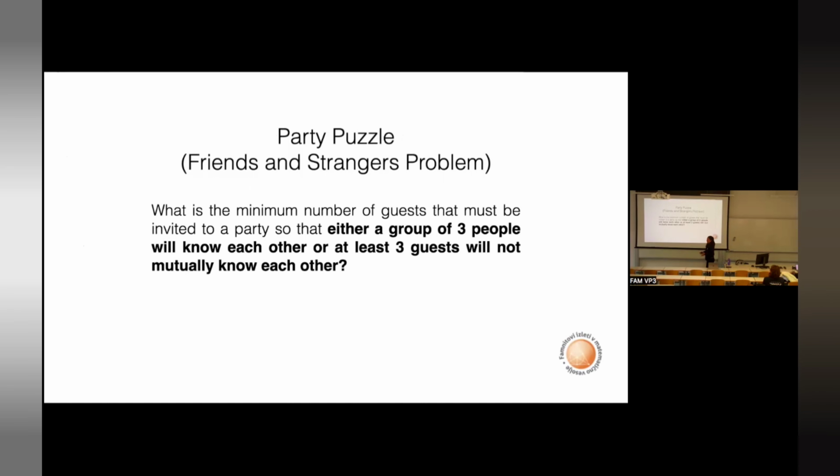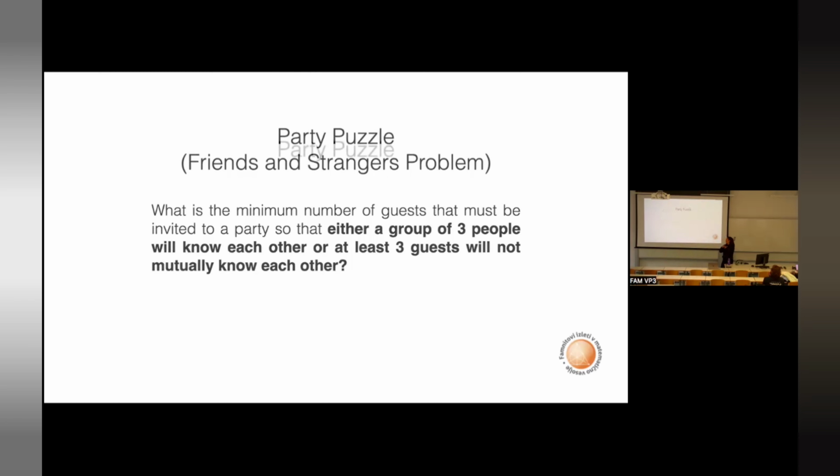Basically, how many people do you need to put in one room so you can be sure that 3 of them will know each other, or 3 of them will not know each other? And what is the minimum number?